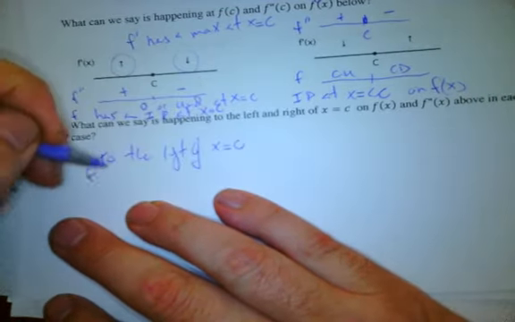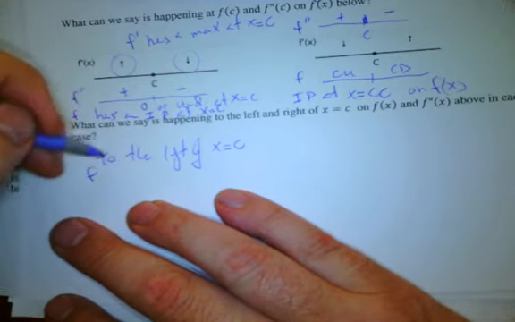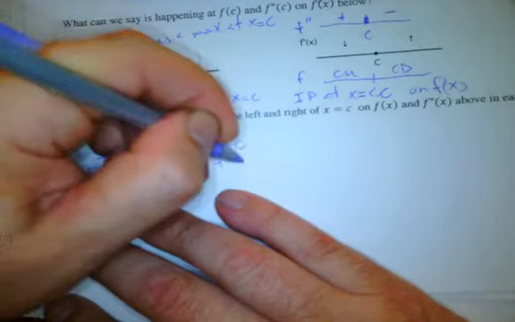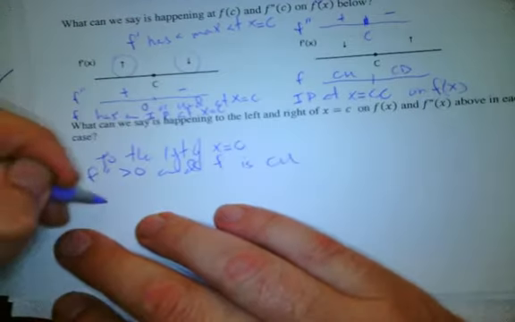So what can we say is happening to the left and right of x equals c on f and f double prime in each case below?